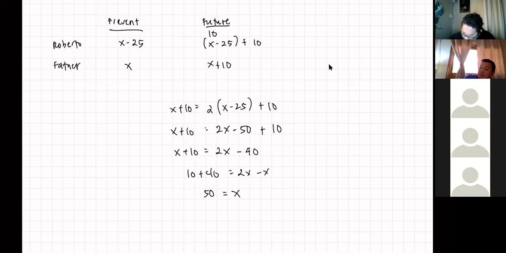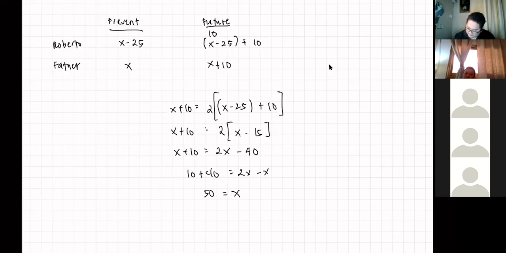Yung naka times 2 is dapat yung lahat ng terms. So kasama. Okay. So yung term natin, twice, minus 50. Baguhin ko to. Kung 2 times x minus 15.